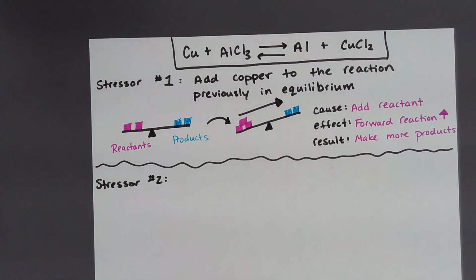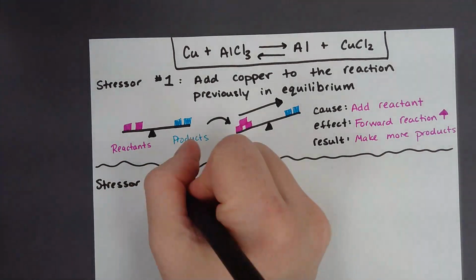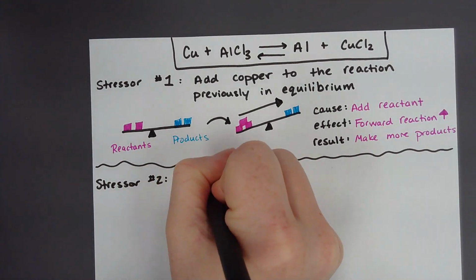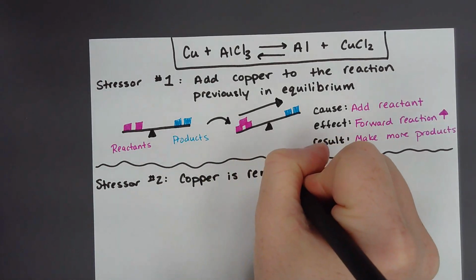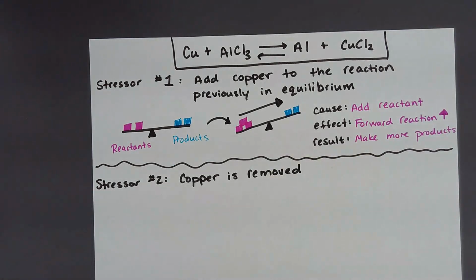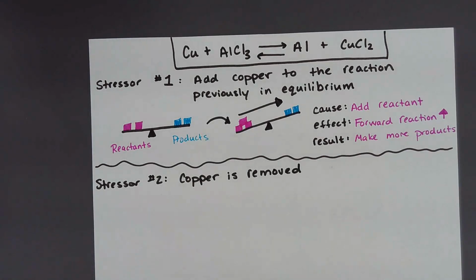For my second stressor, this time I'm going to remove something. I'm going to remove copper. And the second part of the prompt is always true. It's always going to be from the reaction previously in equilibrium. I'm not going to write that every time. We know that this is our reaction.